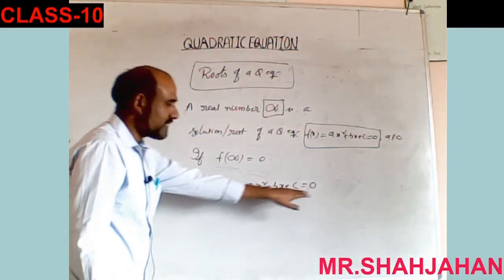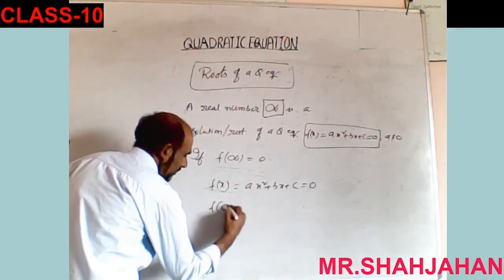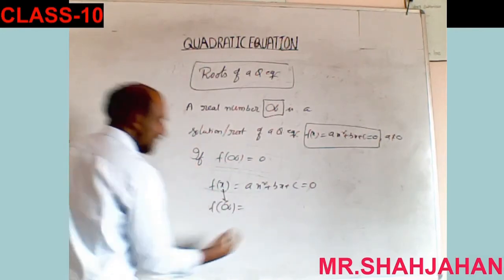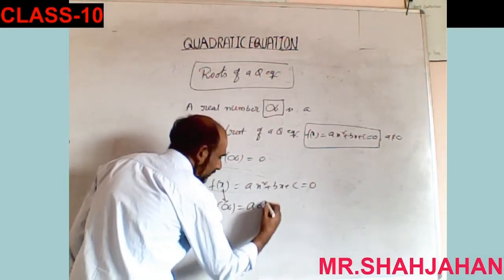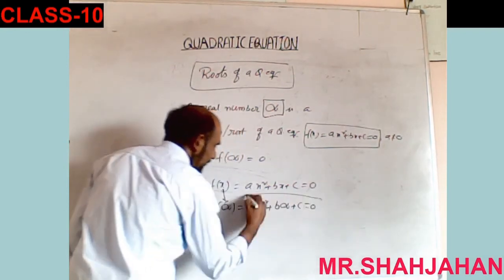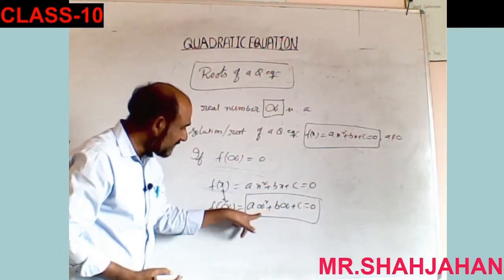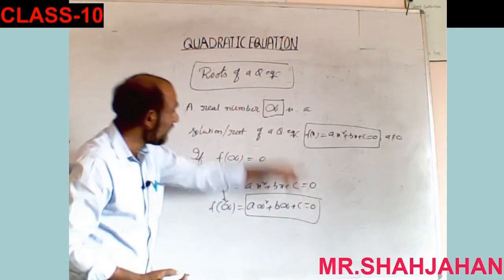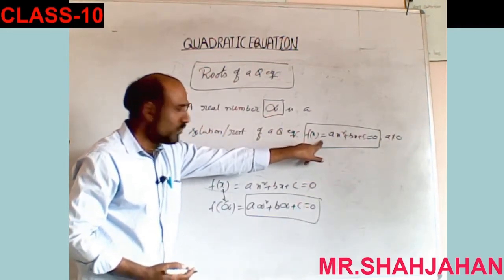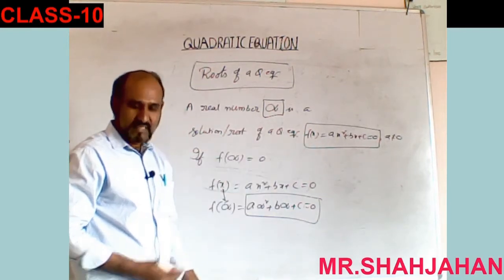So what I said, if f of alpha, in the place of x what I given? Alpha I given. So a into alpha square plus b into alpha plus c is equal to 0. Now if this value is equal to 0, then we can say alpha is the solution or root of the given quadratic equation.